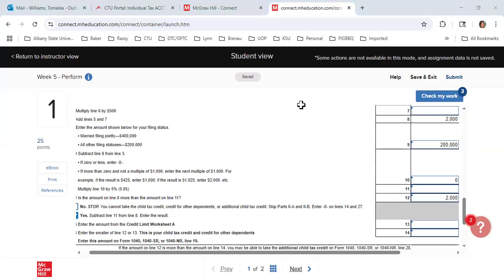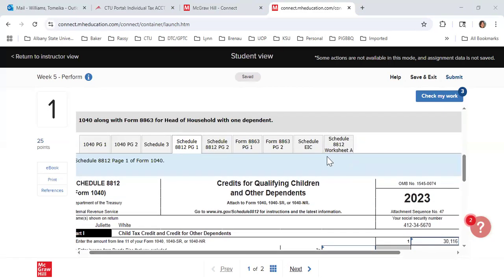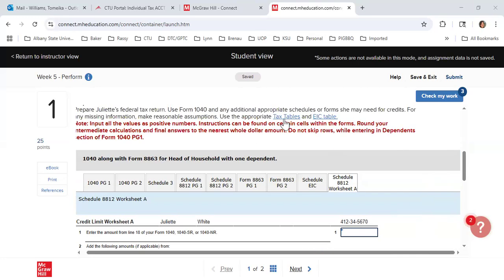All right. We're going to stop here temporarily and go to the Schedule 8812 Worksheet A. This is where you want to be. The very first line wants the amount from line 18 on your 1040, which we haven't figured, but it's the tax. So I'm going to pull up the tax table so we can find out the amount of tax.